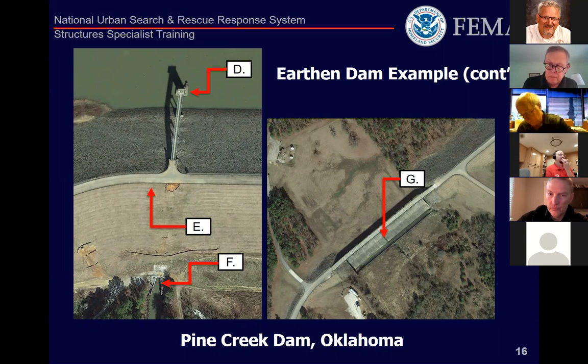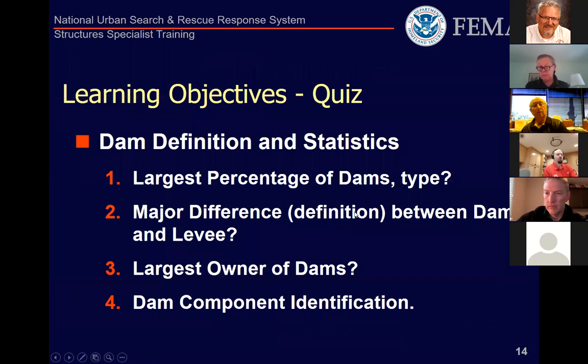All right, so now we've got D, E, F, and G. Okay, so who wants to tell me what A is?